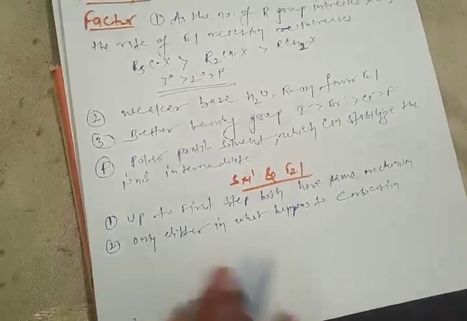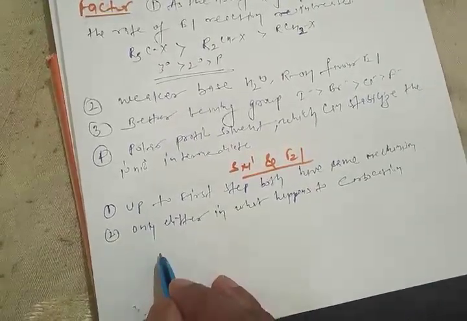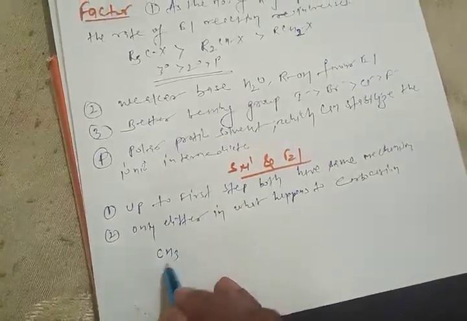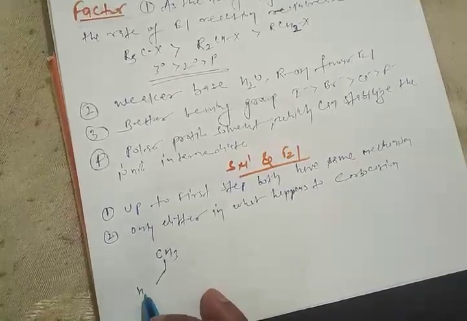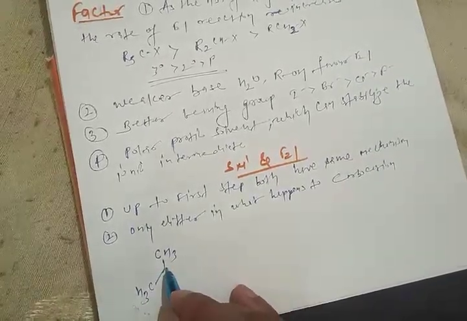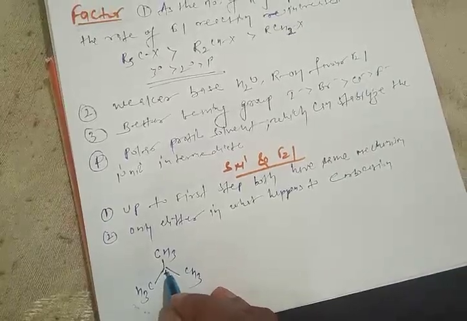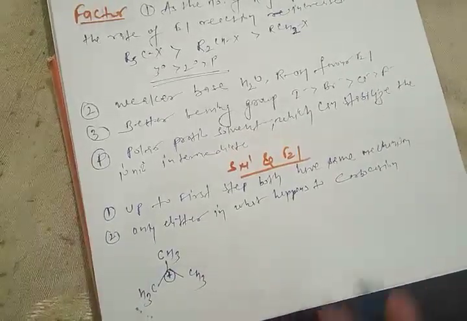So if we have CH3, CH3 and CH3, this is a tertiary carbocation.